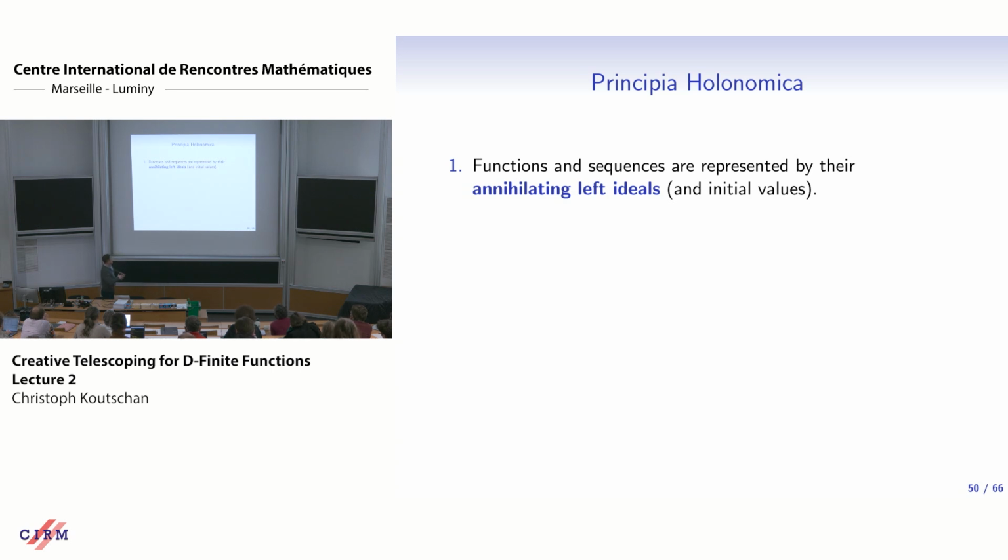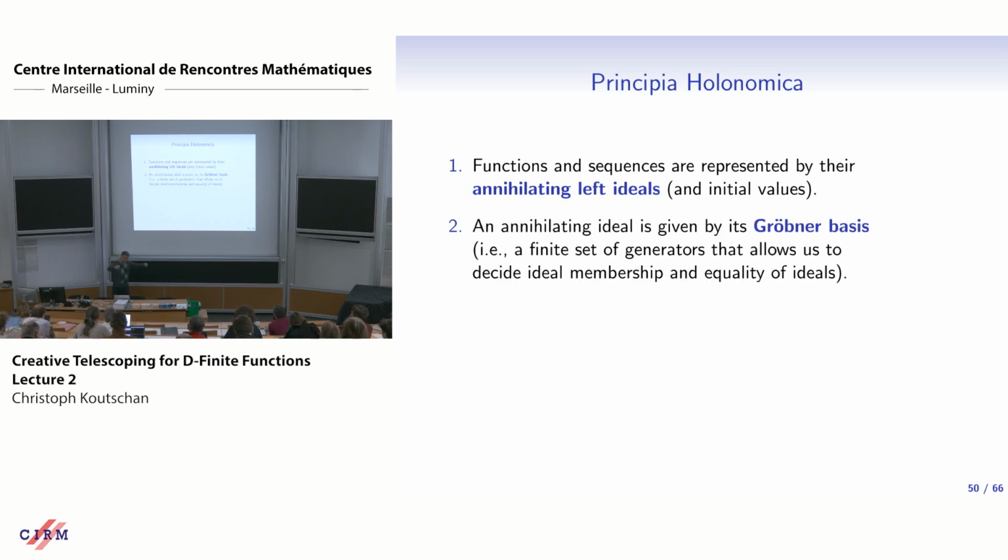But let me emphasize them again. Whenever we talk about a function or a sequence, we are usually not thinking of an explicit expression. And of course, often they are given as such, but for the computations, we only think about the relations that these functions satisfy. So any function or sequence is represented by an ideal of operators, an annihilating ideal, and of course initial values.